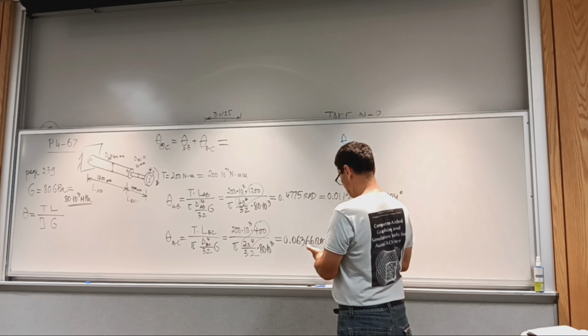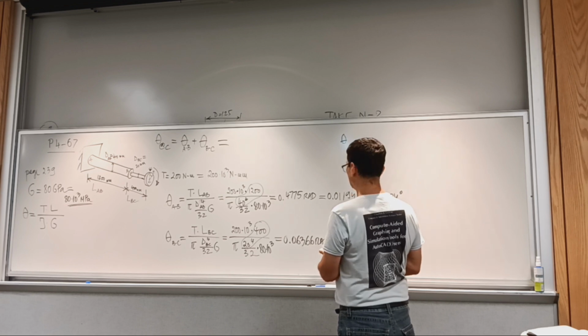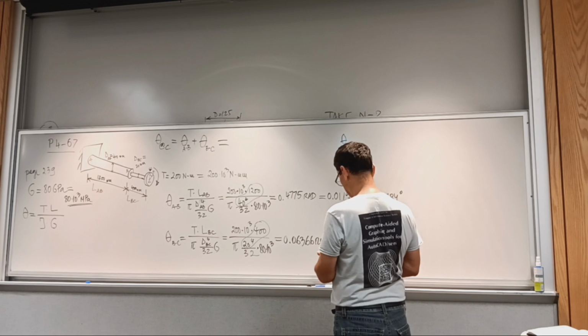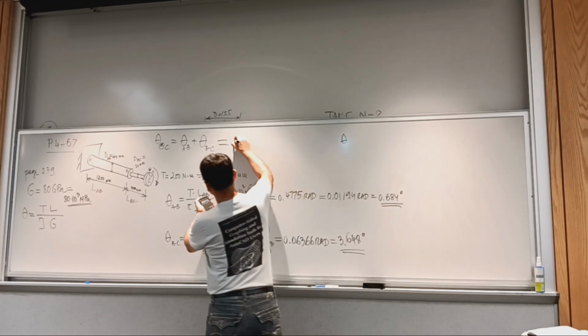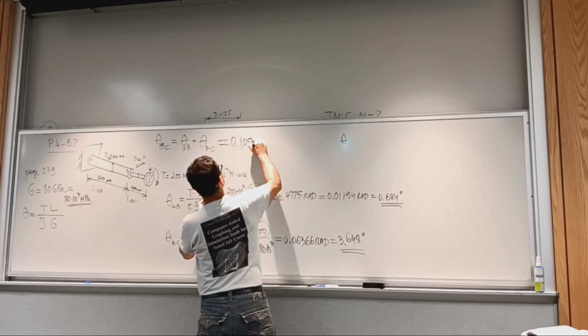So we say 0.1194 plus 0.0366. So this is 0.1056 radians.